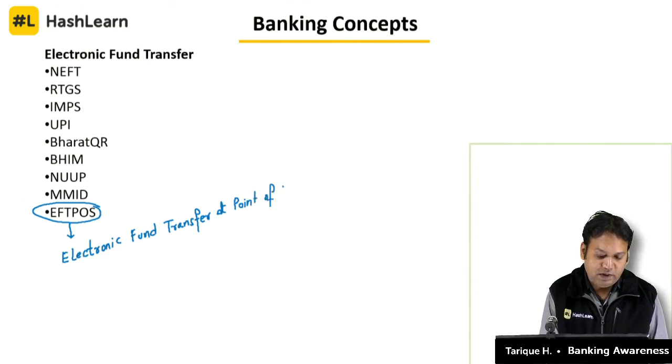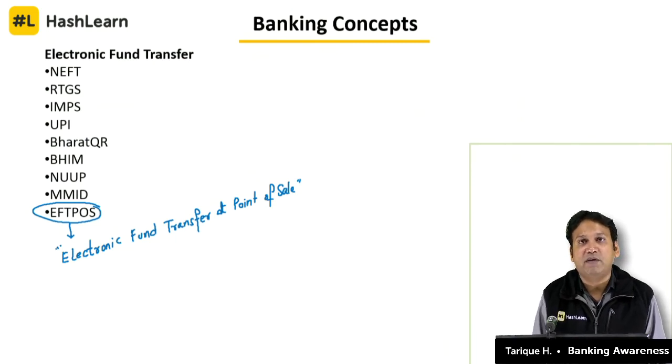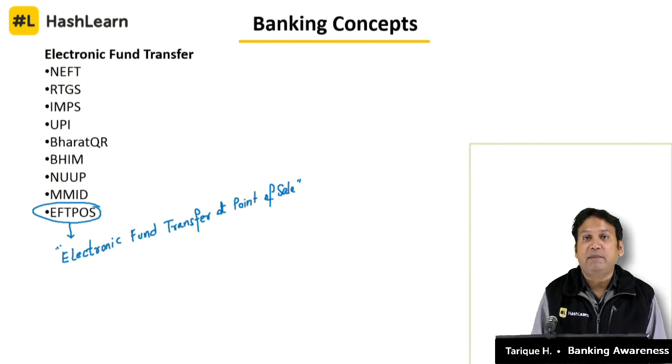That is what we mean by EFT POS. What is this POS? What is the point of sale? When you go to a shop and you buy something and you use the debit card machine, the point of sale machine, and you swipe a card and make the payment, what happens? Fund gets transferred electronically from your account into the account of that shop owner.